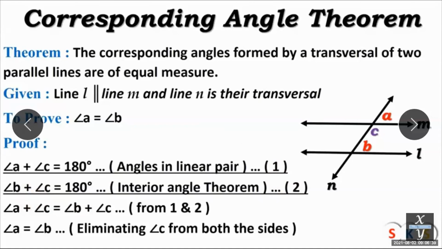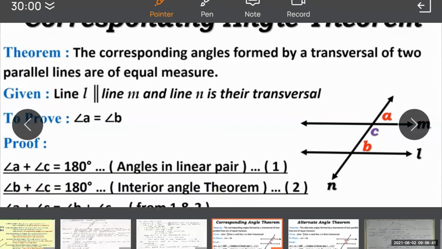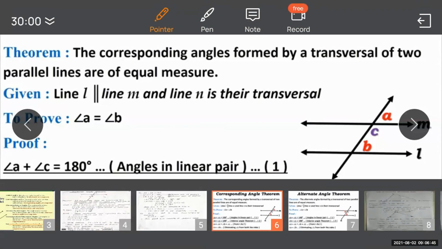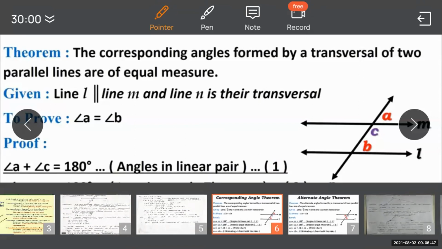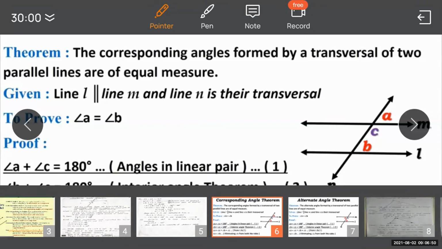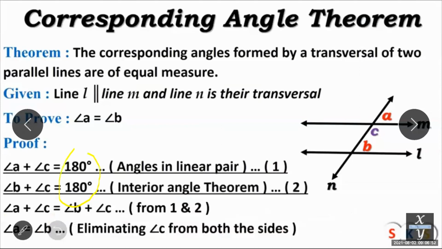Now here in equation 1 and 2, both the equations are the same on the right side, that is 180 degrees, 180 degrees. So as the RHS is the same, the LHS of both the equations is also equal. So the LHS that I wrote are equal to each other.